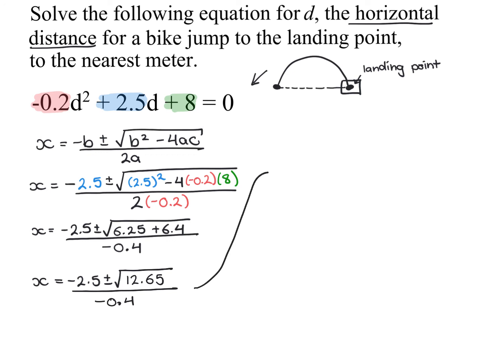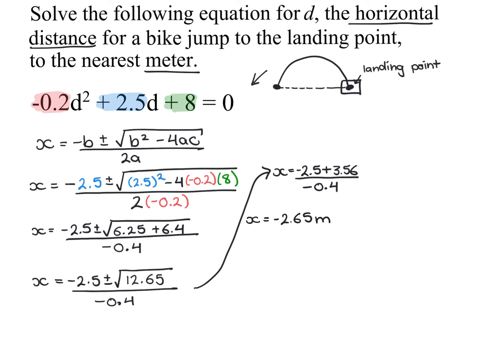All right, so now let's look at the two x-intercepts or roots that we come across. In one of them, x is going to equal negative 2.5 plus the square root of 12.65, which is around 3.56, all of that over negative 0.4. Now, if I were to calculate that whole thing, I would come across negative 2.65 as my answer.